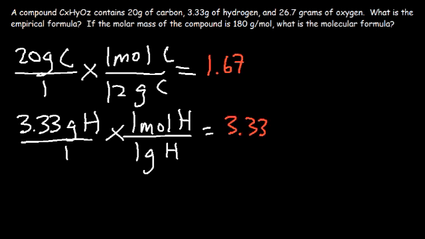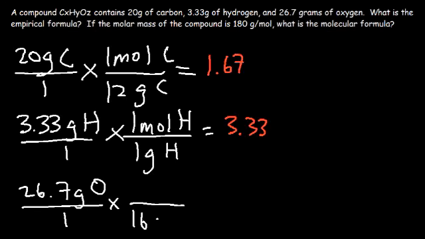Now for oxygen, the molar mass is not going to be 32 because we don't have oxygen gas. We have atomic oxygen that's in the compound, so we need to use a molar mass of 16. And so 26.7 divided by 16 is about 1.67. Now what we need to do at this point is divide each of these numbers by the smallest of the 3.